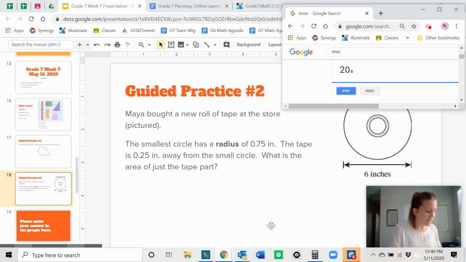About 20 seconds left. It's okay, a reminder just to use your calculator. Totally okay to do that.